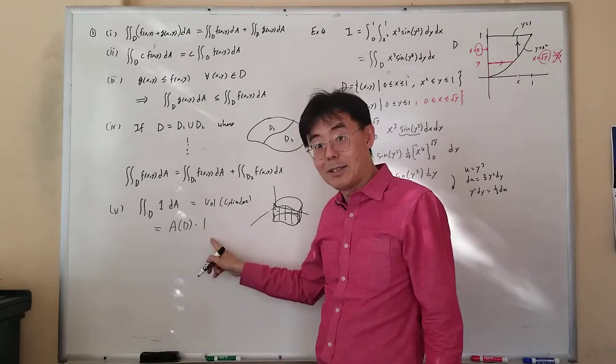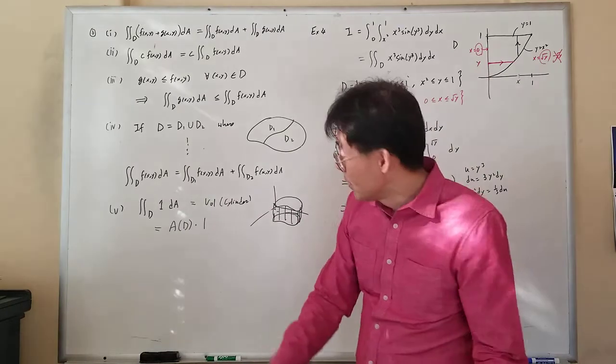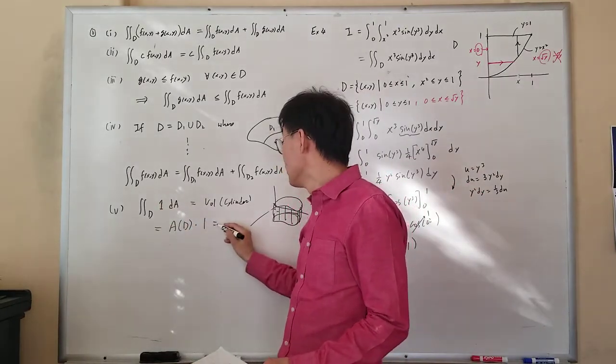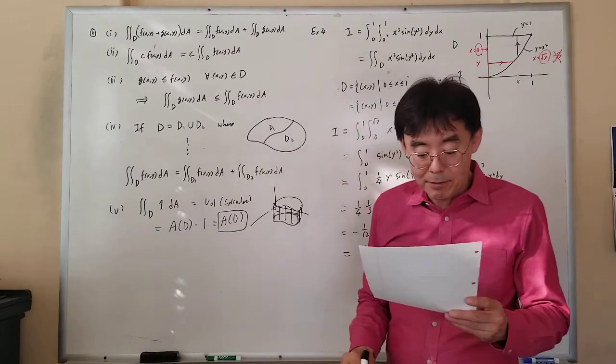But your height is always 1, so this double integral of constant function 1 gives you the area of the domain.